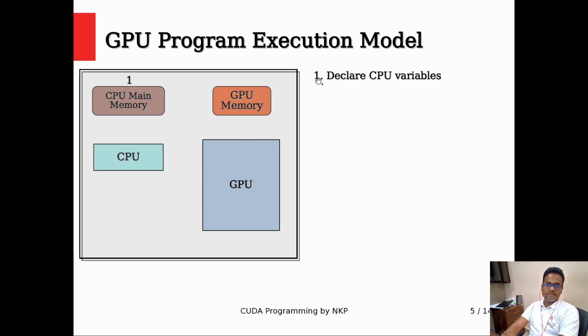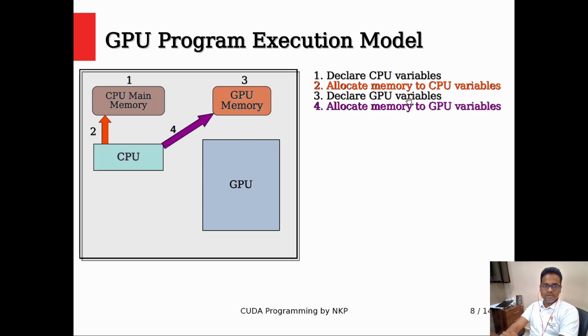So the first step is to declare variables on the CPU side, just like in your C program. Then we allocate memory for those variables in the CPU's memory, which is the second step. Now we declare some variables for the GPU memory and allocate memory on the GPU side as well.